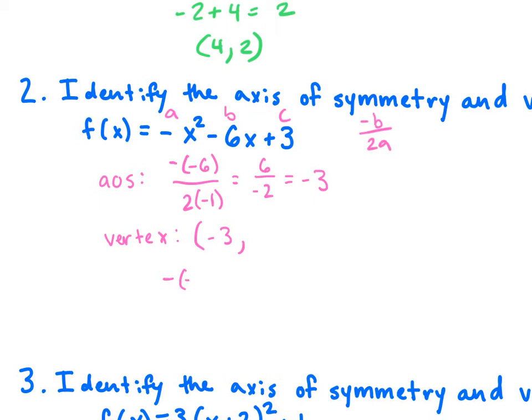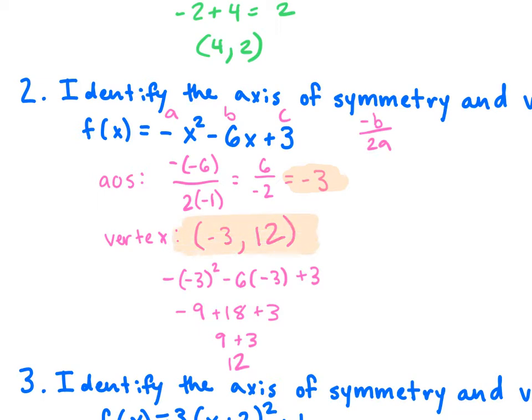So we have -3 squared minus 6 times -3 plus 3. This would be 9 plus 18 plus 3... so 9 plus 3, we would get 12. So our axis of symmetry is x is equal to -3. And our vertex is -3, 12. Any questions on this one?